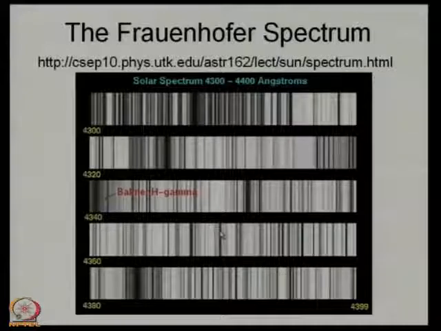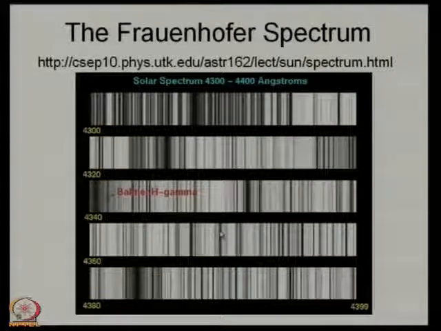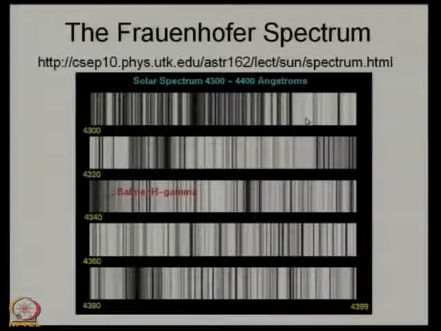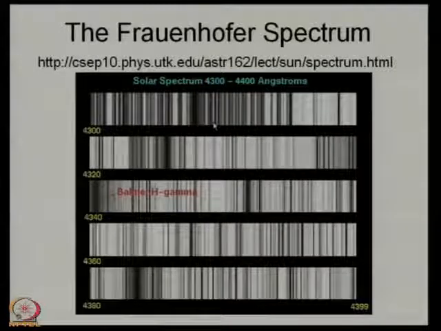These spectral lines, now, so there are atoms. So these spectral lines, what do they tell us? From looking at these spectral lines, we can see that there is material in the sun which is cooler than the rest of the material, right?